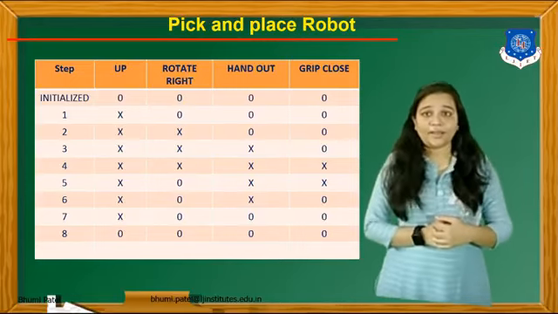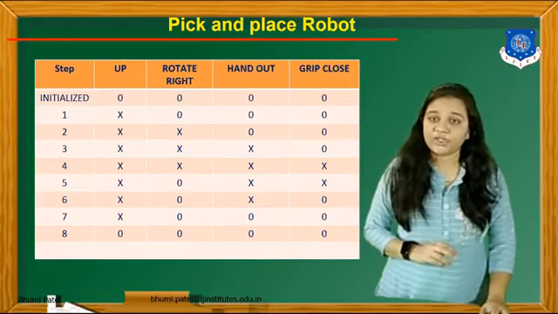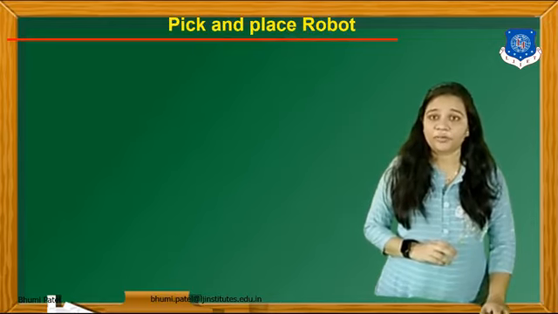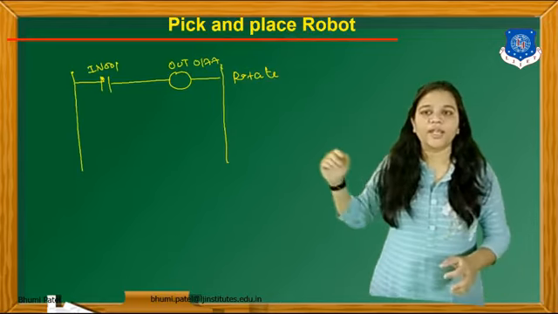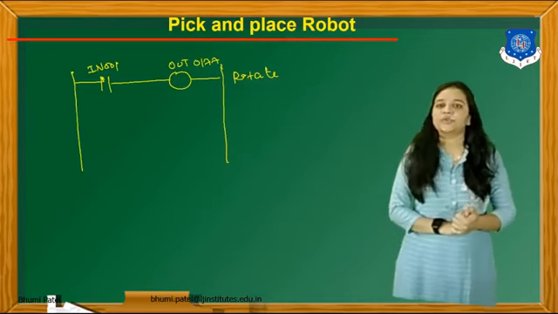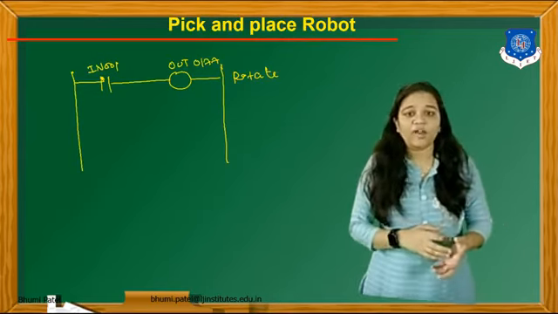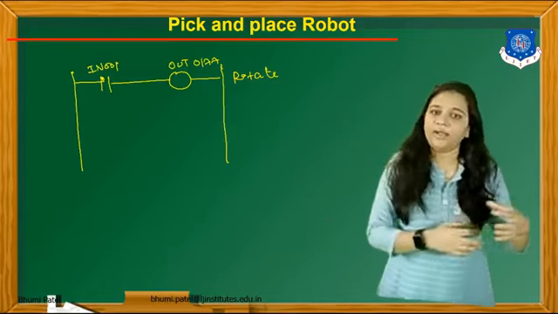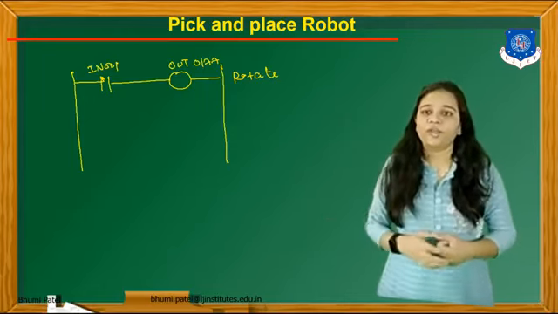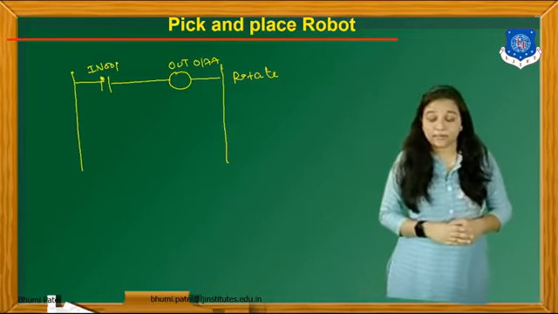So what is the ladder diagram for the pick and place robot? First of all, we take one input, IN001, and this is for the rotation. It will rotate left or rotate right, and the output will be 0177.